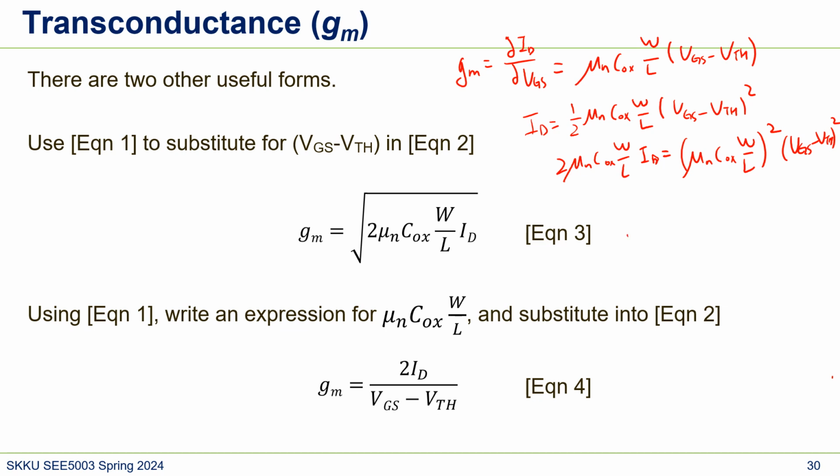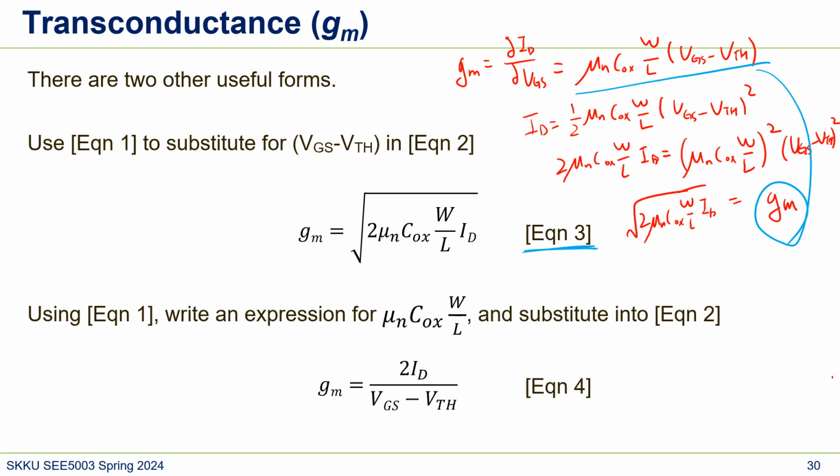If we take the root on both sides, then the square root of 2 mu n COX W over L times ID would be GM, because this is the same as this, right? So equation 3 is the other form of GM.